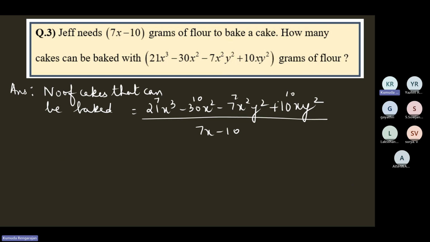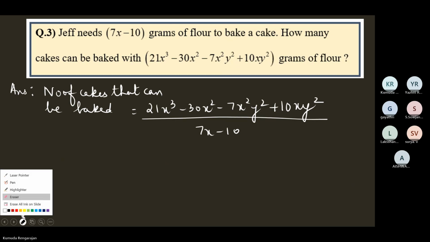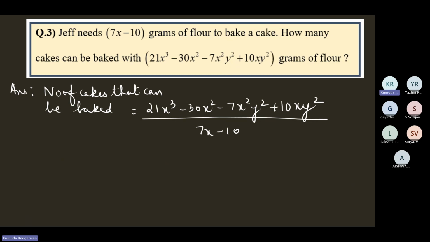So we'll not rearrange the terms. We'll group them in the same order. See, we have 7x minus 10 in the denominator. You can see here 3 into 7 is 21, 3 into 10 is 30. And here also we have 7 and 10. So we'll not change the order.